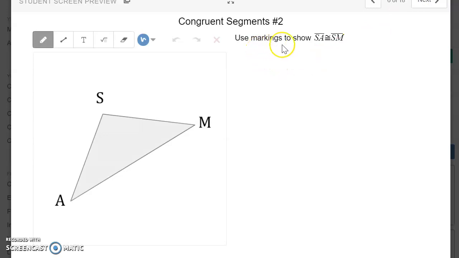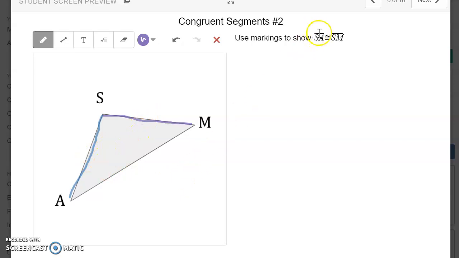All right, now use markings to show side SA is congruent to side SM. Where is side SA? Side SA is this side here. Where is side SM? SM is this side here. So we want to say that these two sides, the blue side and the purple side, are congruent.